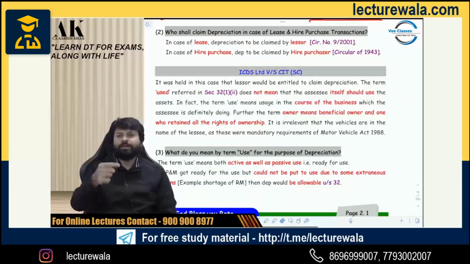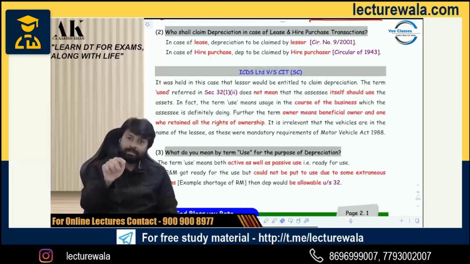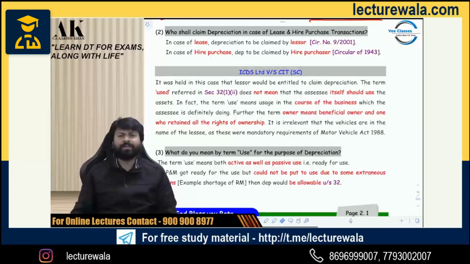You come to me and demand a particular car of a particular brand, and we go to the market, buy that car and give it to you for a long-term purpose of 3, 5, or 6 years. When we give this car to you, the registration is done in the name of the customer. Why? Because that is the requirement of the Motor Vehicle Act.